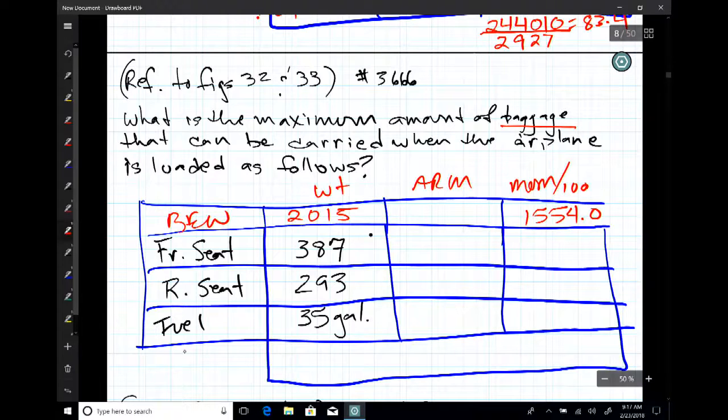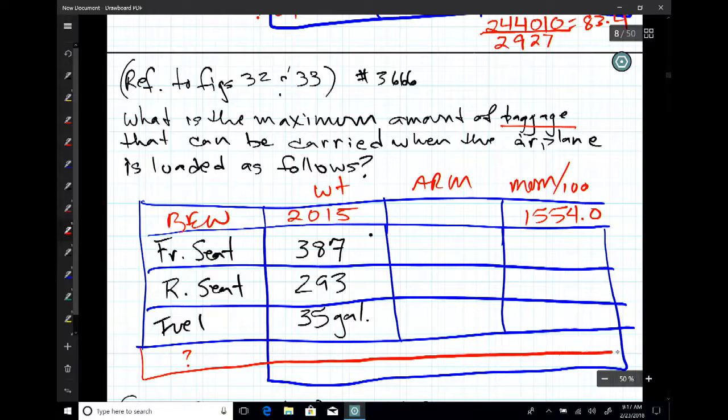You'll notice here that we don't have an actual baggage line, so we're going to need to add that on there, right? Because we're going to have to do a baggage calculation. This is going to be our bags. And we have to know the maximum amount of baggage that can be carried in here when it's loaded like this. So what do you think we're going to need to do?